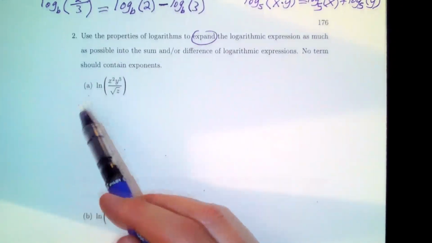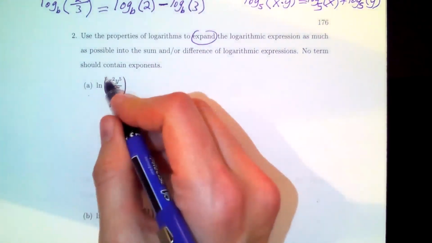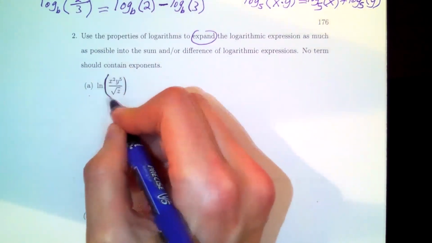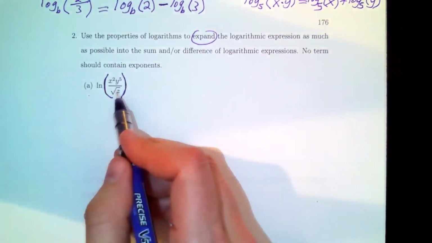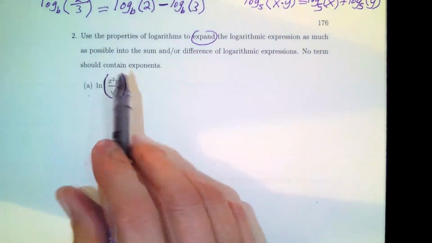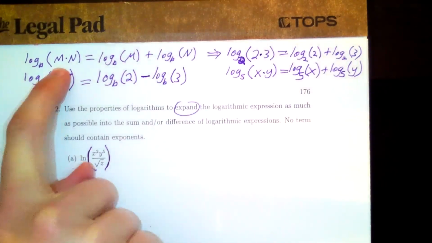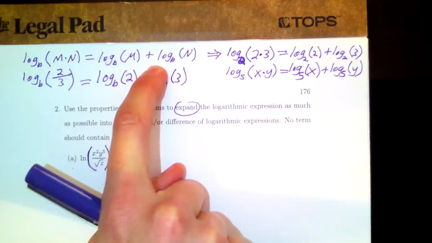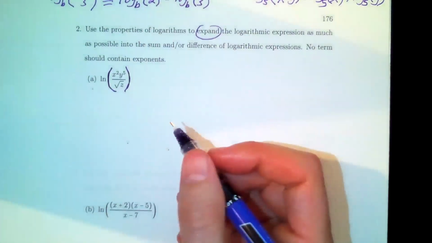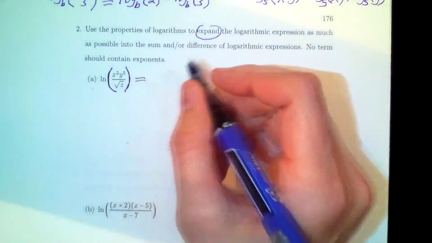So in problem A here, I have ln, a natural log, log base e, of all of this. All of this is inside the log. What they want me to do is use these properties such that we start off with one log and expand it into more than one. So we have to figure out which properties are applicable to this.